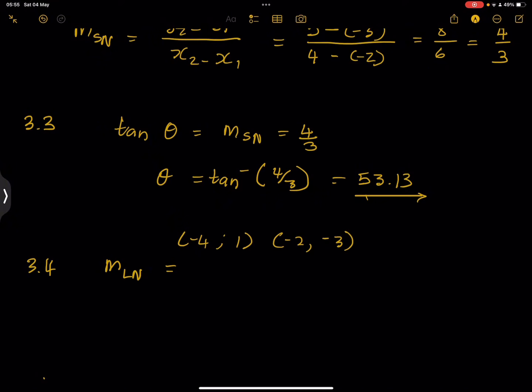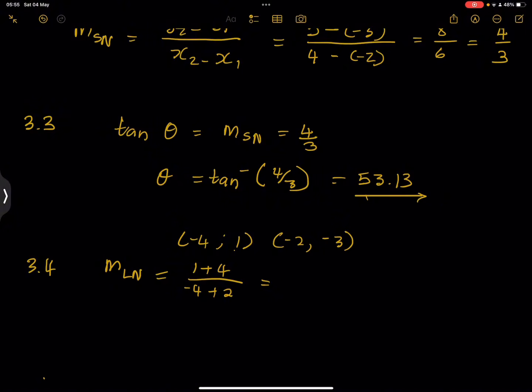Right, so that gradient would be equal to y2, that's 1, minus -3, so that gives us 1 plus 4, divided by, right, so we said -4 plus 2. And so that gradient, we get that to be 5 over -2.